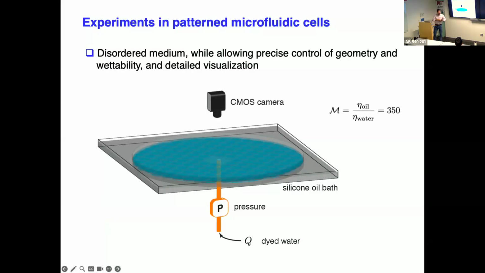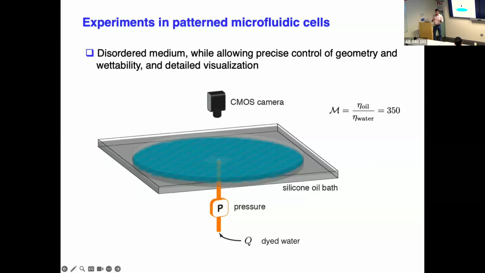Okay, so we're transitioning now to more porous media-like applications. And the way in which we've done that in the past in our group is by using microfluidics. Microfluidics is a very powerful technique, as many of you know and use, because you have very precise control over the geometry.